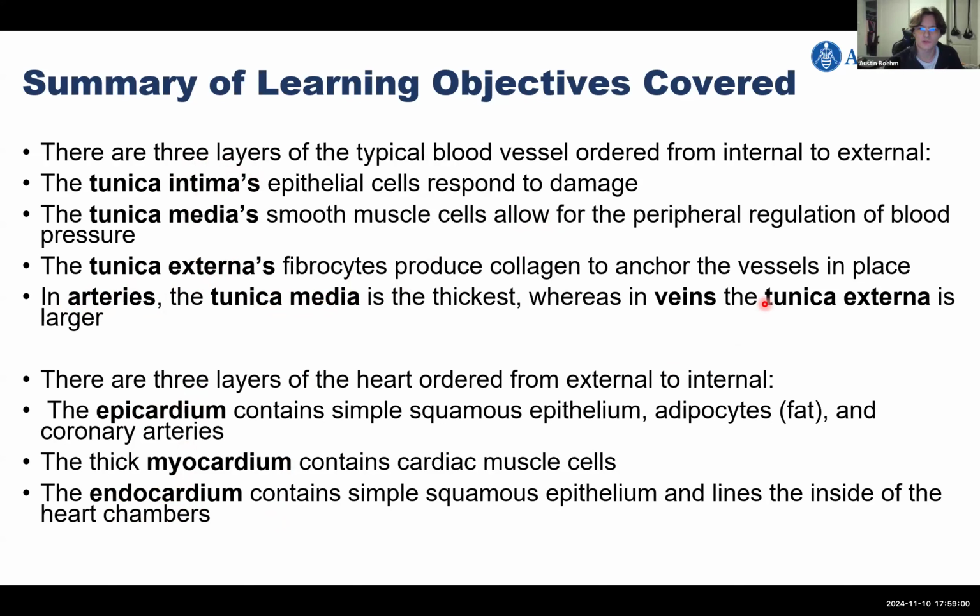The arterial system is also a higher pressure system, which is another reason why the arteries need to have a bigger tunica media, because especially around the aorta, that's really, really high pressure. And so it needs to be really big, strong, and have thick muscles to be able to keep all that blood in. Whereas if you had that much pressure at the vena cava, it might start to tear and damage that a little bit more because it doesn't have quite the bulk and the muscle to keep that contained.